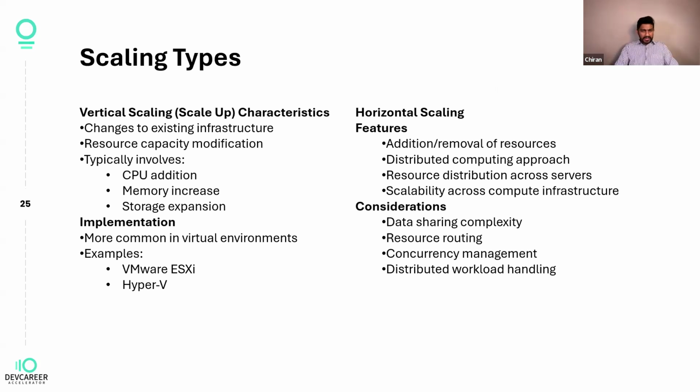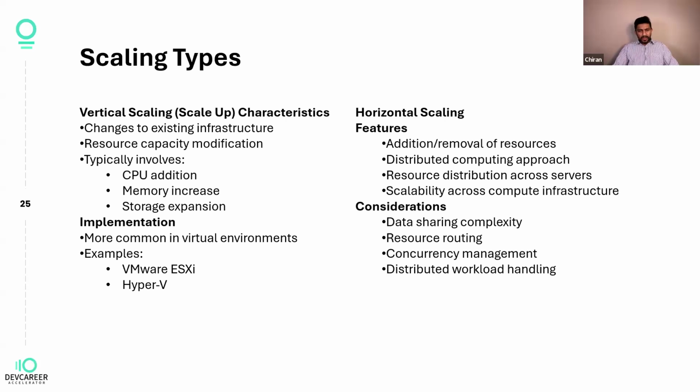So yeah, different scaling types, vertical auto scaling and horizontal. Vertical auto scaling is like you add CPU, memory, or storage to your existing VM. Like if you have 4 gigs of memory, someone from the infra team goes manually and adds another 4 gigs or 8 gigs to that VM, because that's vertical.